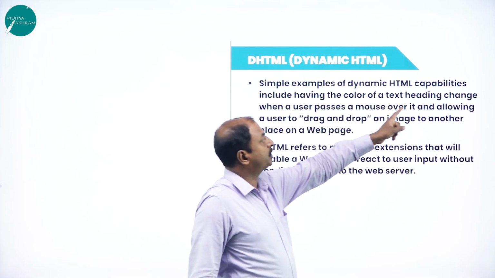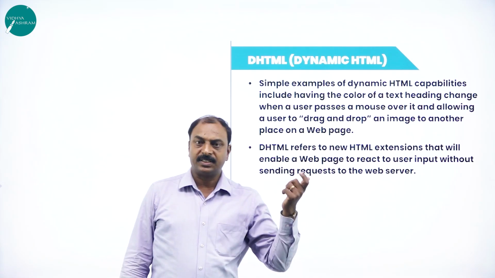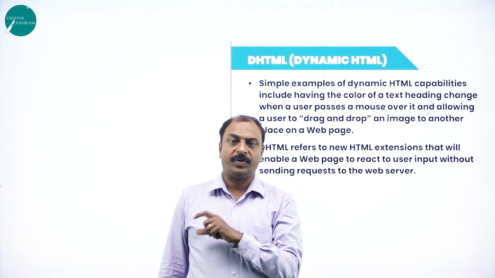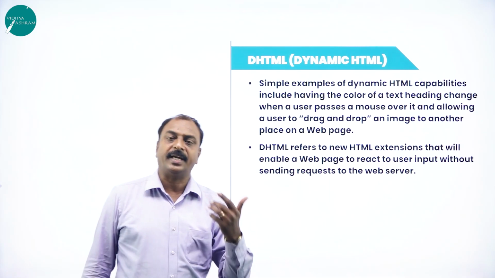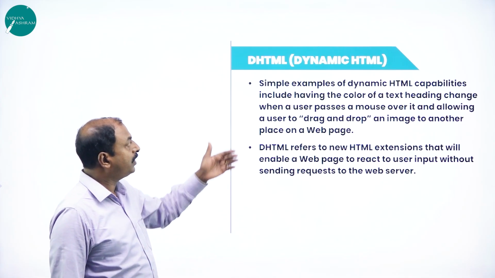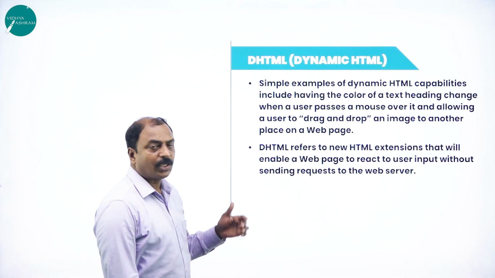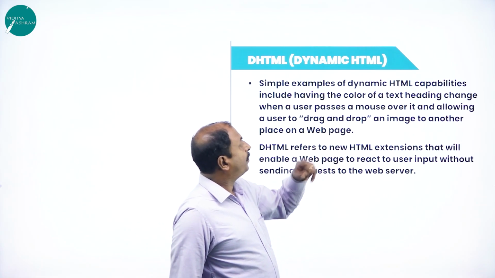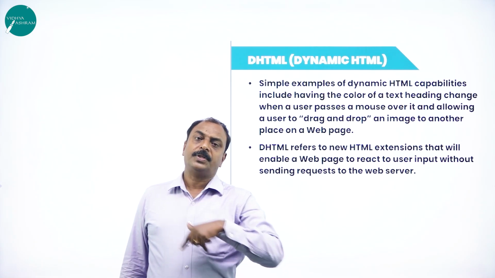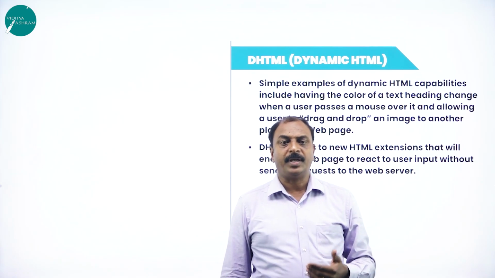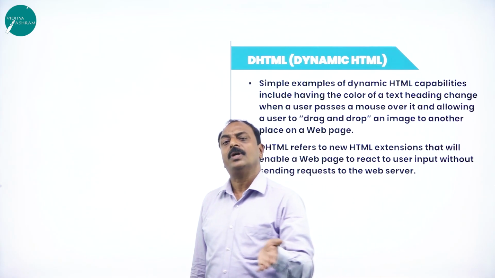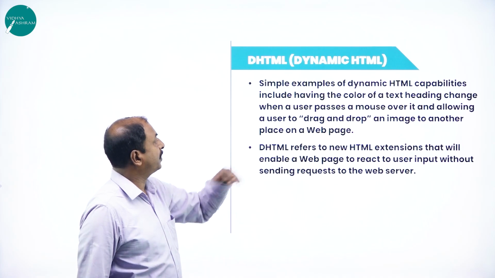Whenever the user moves the cursor over the heading, the color of the heading keeps changing. That is an example of DHTML. Another option is drag and drop: within that web page, any of the image contents can be moved from one location to another.